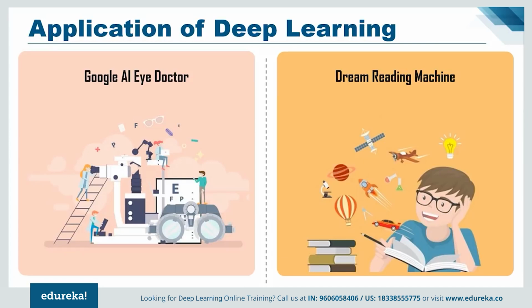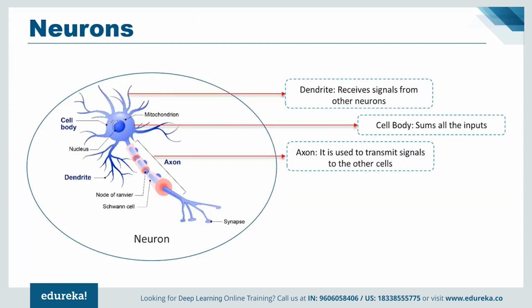Now, let's move ahead in this deep learning tutorial and understand how deep learning works. Basically, deep learning mimics the way our brain functions. That is, it learns from experience. As you know, our brain is made up of billions of neurons that allow us to do amazing things. Even the brain of a 1-year-old kid can solve complex problems which are very difficult to solve even using supercomputers.